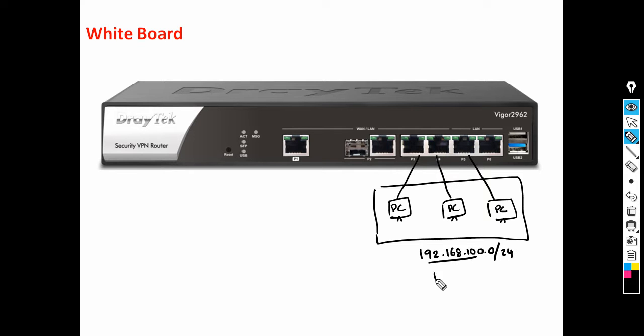Then you can configure the DHCP and the DNS. And the P1 port you can connect directly to the internet. The same device acts as a router and as a switch. That is the advantage, guys.